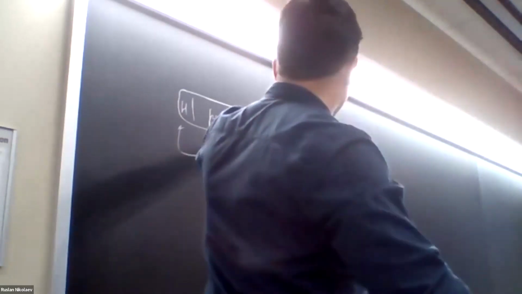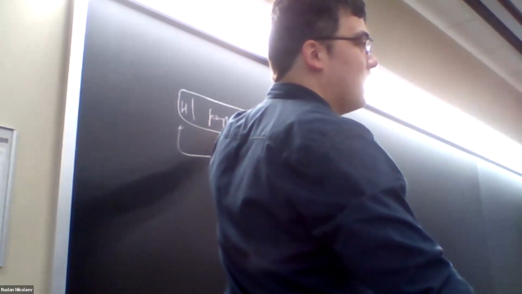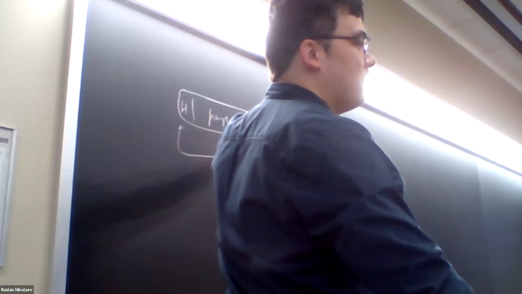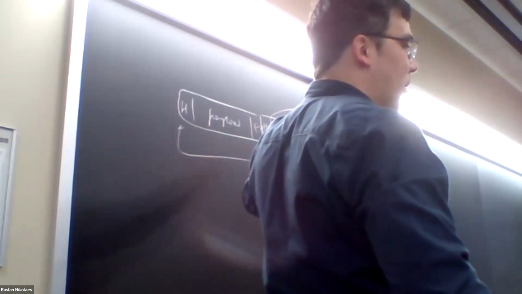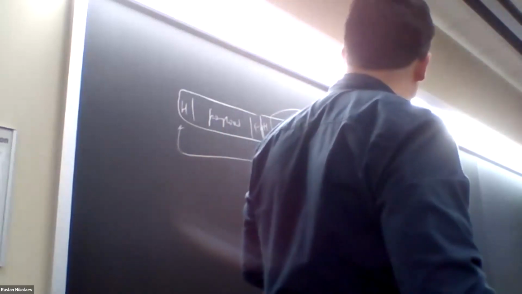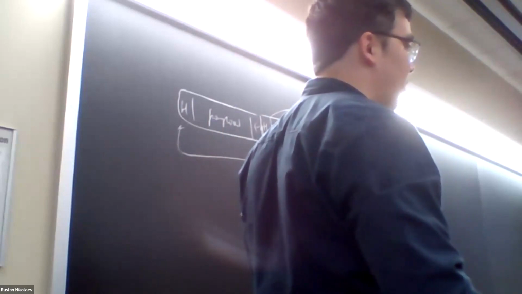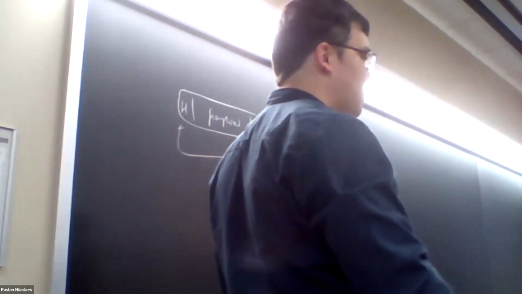If I know that this block is allocated, I don't need the footer. The moment that I know that this block is allocated, I don't need to know the size. This is the difference between a footer and a header. So that means we can potentially get rid of the footer.